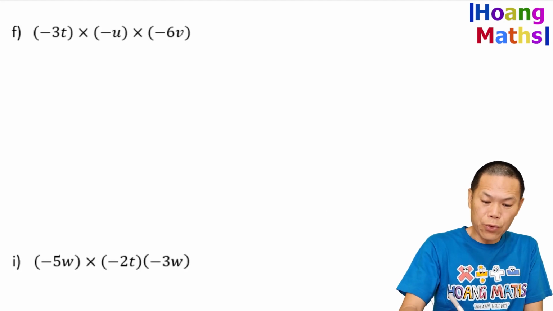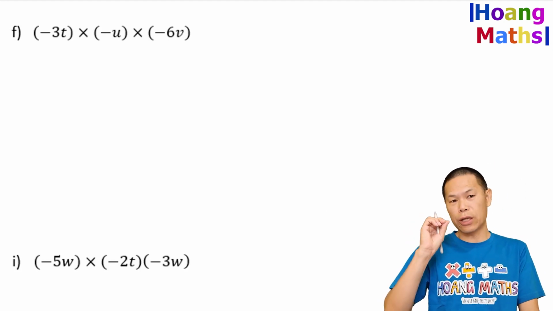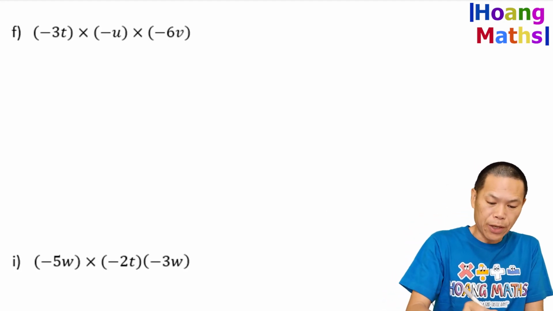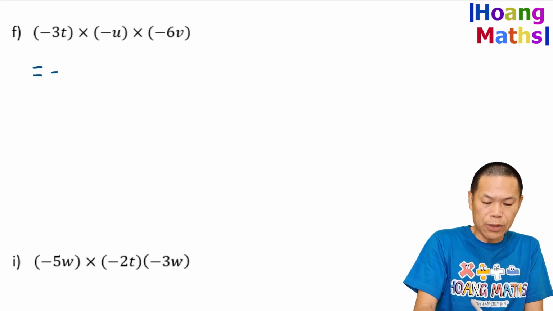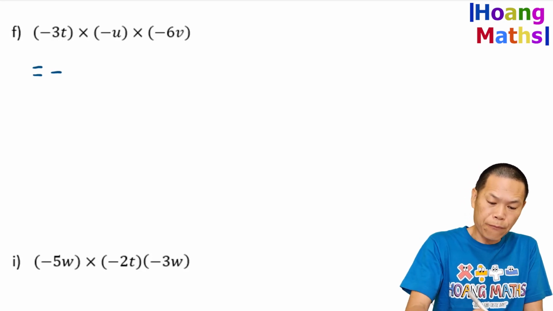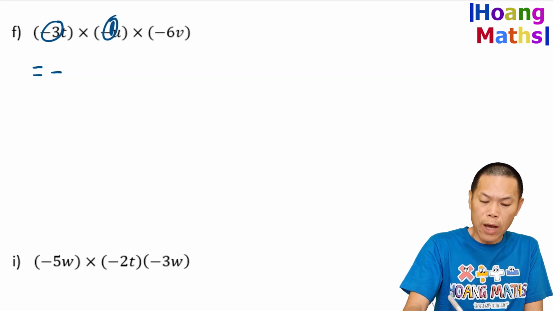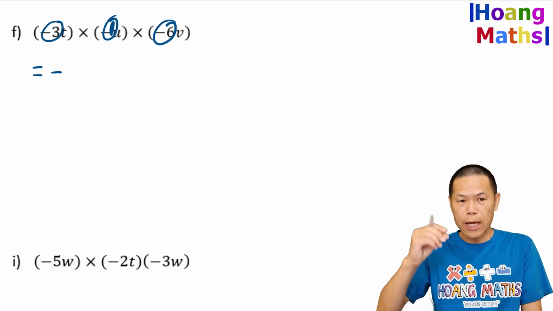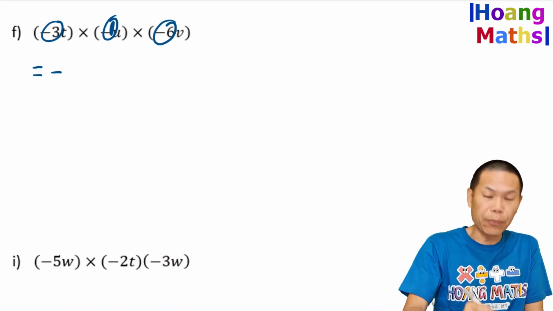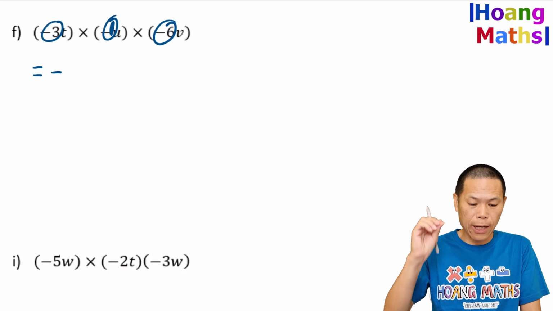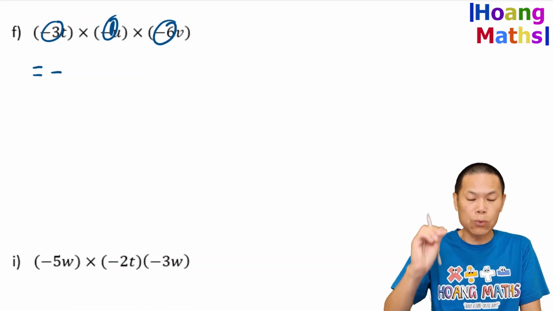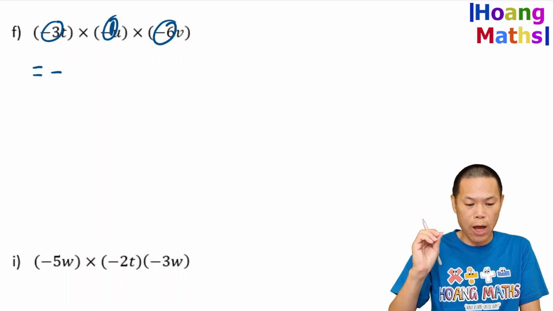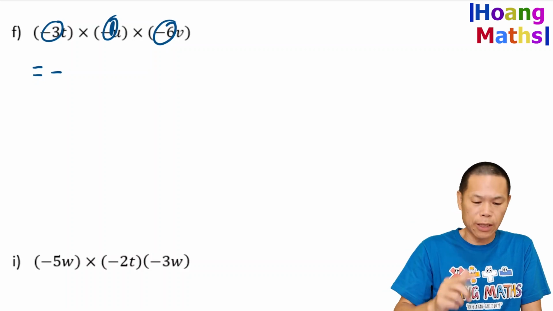Let's do part F. So we have 3 negatives times together, so that gives us a negative answer. So you can just write negative down first. And now we have 3, that means 3 times 1, and we times 6. So 3 times 1 is 3, and we times 6 gives me 18. Again, you just put on a calculator minus 3 times minus 1 times minus 6, or negative 1 times negative 3 times negative 6.